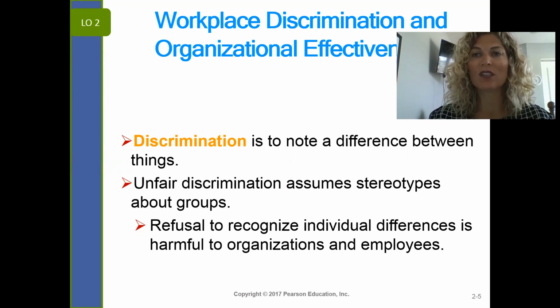That research is really hard to come by. There's not a lot of evidence that suggests that. So why are we discriminating on that? Why are we using that as a basis for our decision making? Not only is it illegal, but it doesn't make sense.